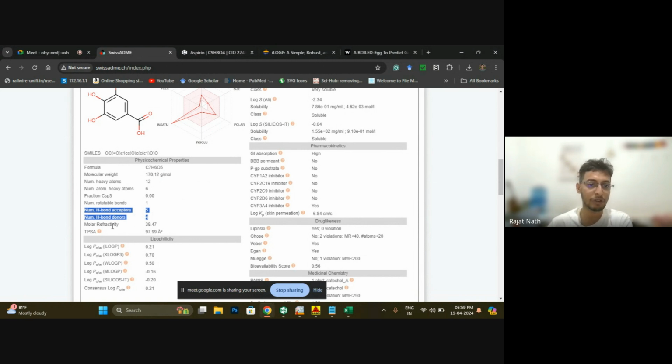Then come molar refractivity and TPSA. So what is TPSA? If you click on this question mark written here, you can get the full form of every parameter. Here TPSA stands for topological polar surface area. So what is the topological polar surface area?